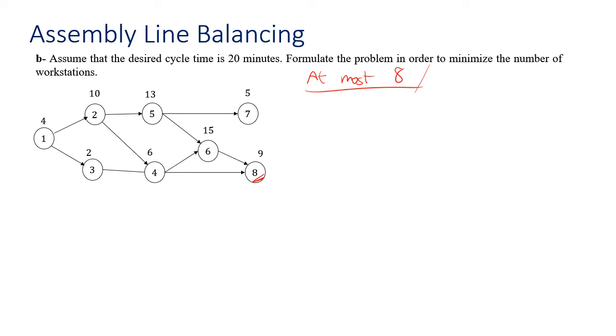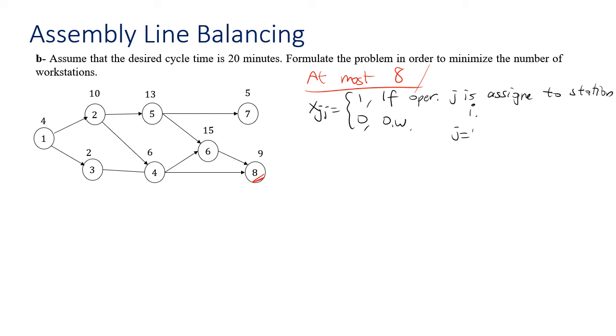Then in order to formulate this problem, similar to the previous one, we again use y_ji to indicate if operation j is assigned to station i and 0 otherwise. So look, again I am using the station index i. And here j is the number of the operations, and it goes from 1 to 8.